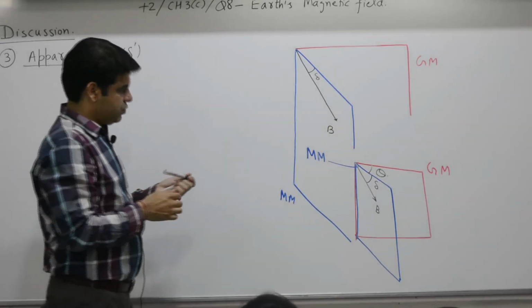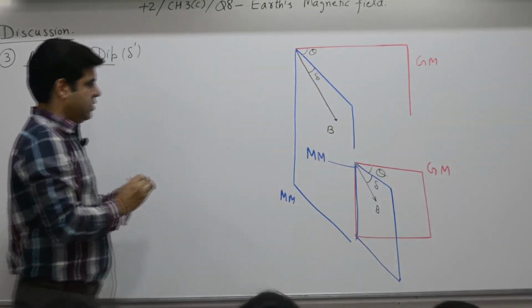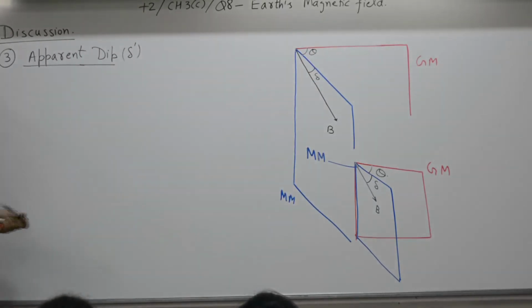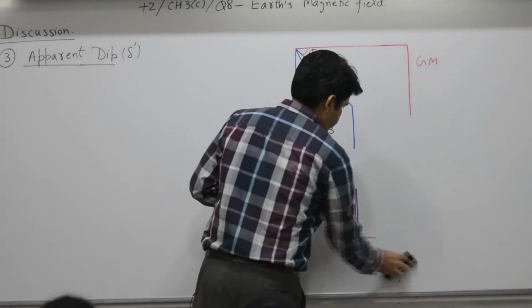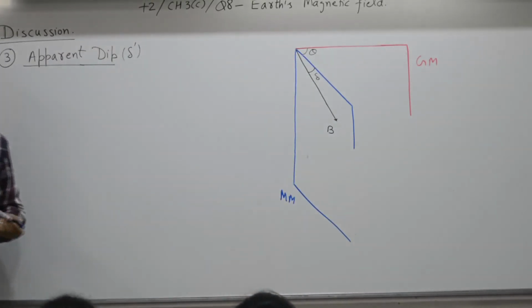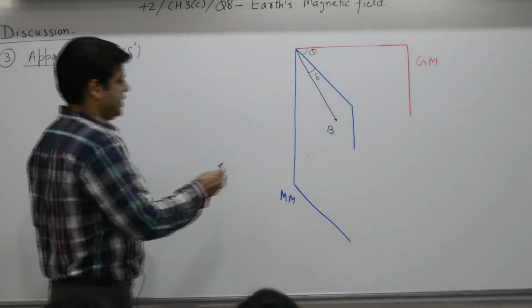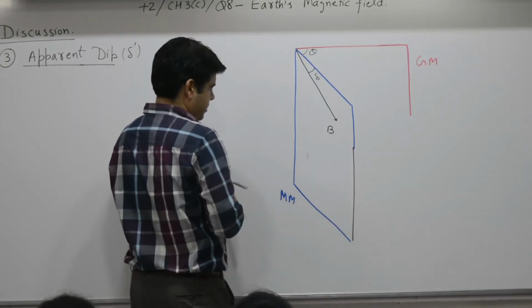What is the angle between the two planes? Theta. We have taken all the information given here. So it's the same diagram, but size we have increased. I need to mark it the same color code.